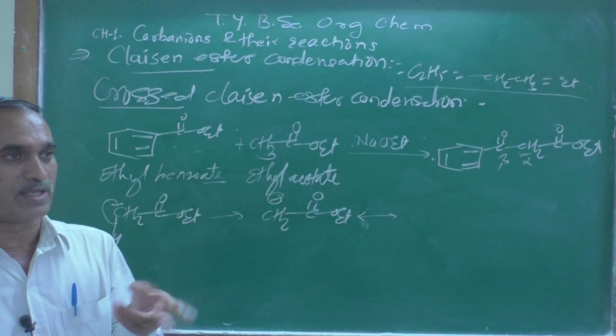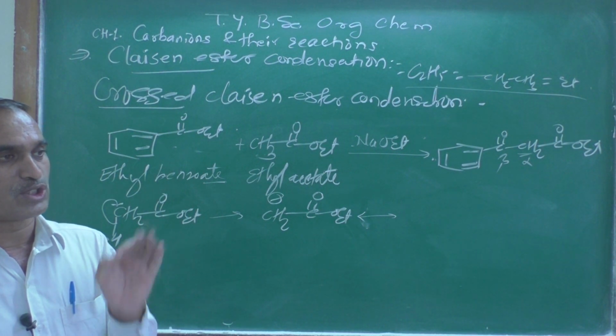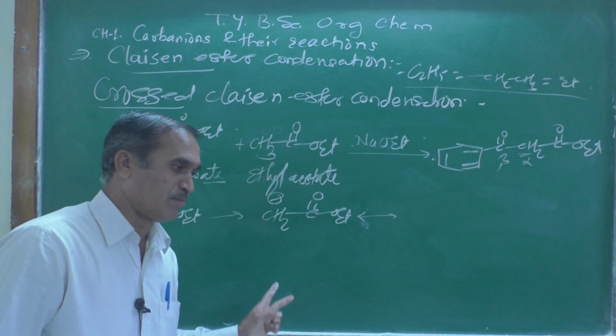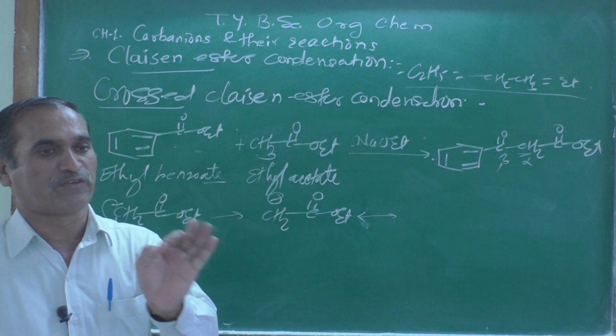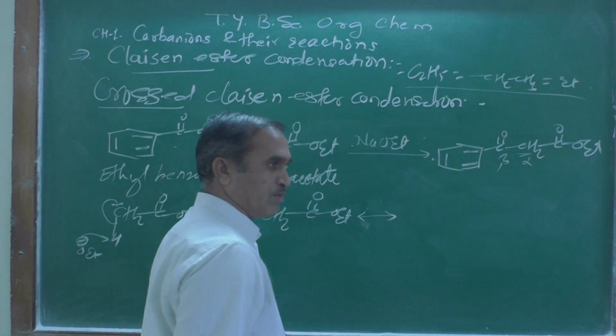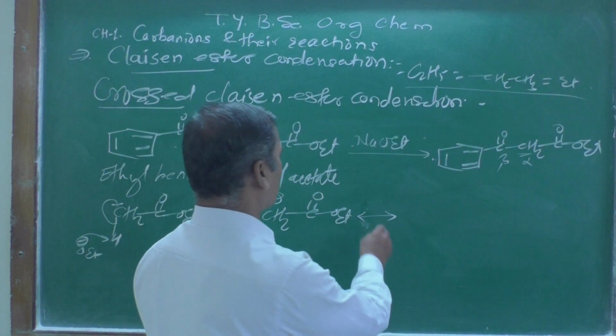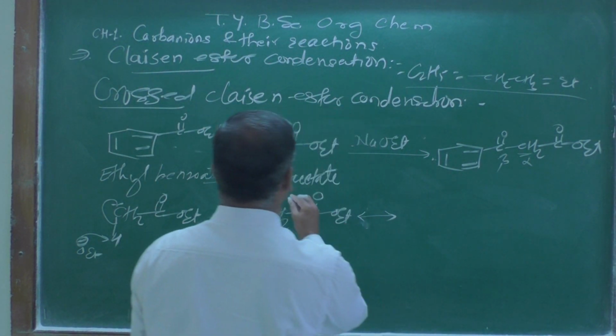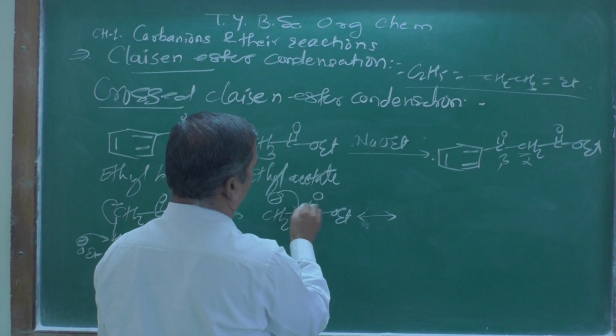Delocalization arrow means what? You can draw the same structure in two different ways. So that is the meaning of this arrow. A delocalization arrow is always shown by a double-headed arrow, and therefore this negative charge comes over there.